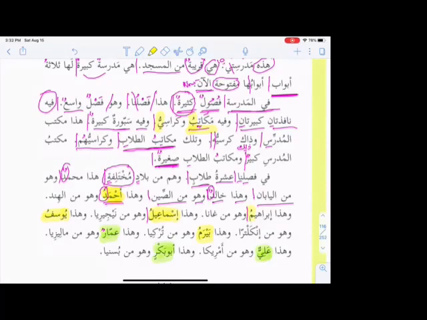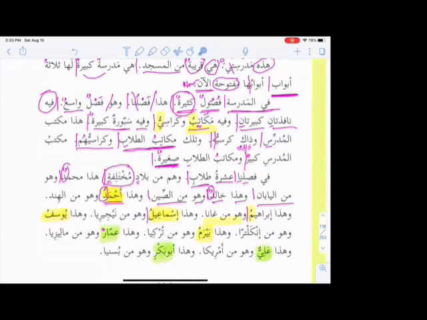Everything about diptotes and why certain nouns are diptote. It's very interesting, honestly, but it will require you to practice, inshallah. Ibrahimu, huwa min Ghana. Fine. Same thing again. Ismailu, Yusufu, Bayramu. See, again, same thing.